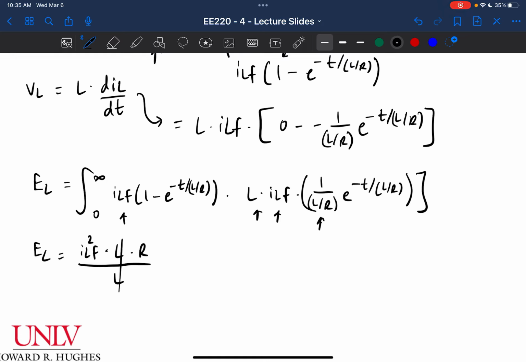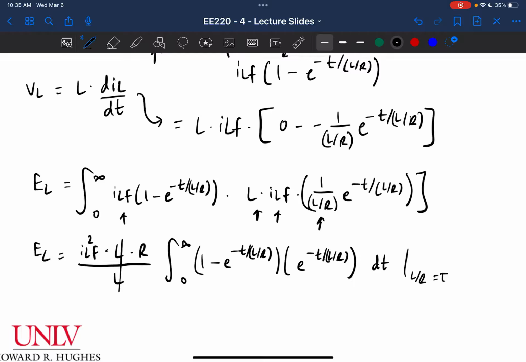And then what I'm left with is the integral from 0 to infinity of just 1 minus e to the minus t over L over R, multiplied by e to the minus t over L over R dt.